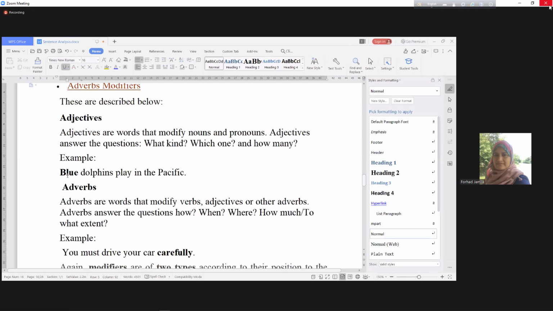Adjective phrase: he is a man of wealth. Okay, he is a man of friendly nature. Of friendly nature, that's the adjective phrase. A man of friendly nature. Of friendly nature actually modifies the word man.